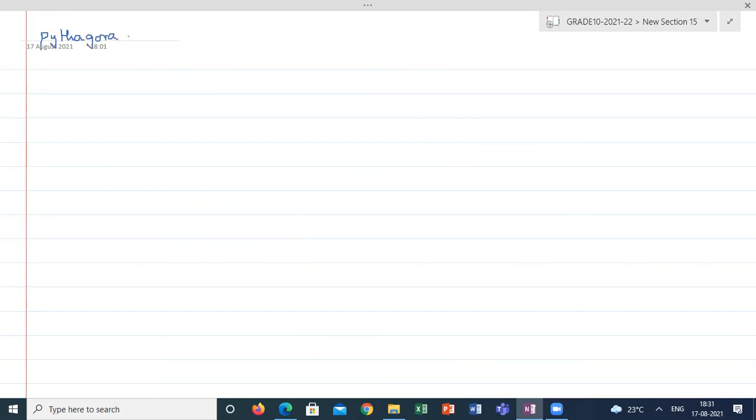Pythagoras theorem. The statement. This is the 11th theorem we are discussing. In a right angle triangle or right triangle, both are the same.